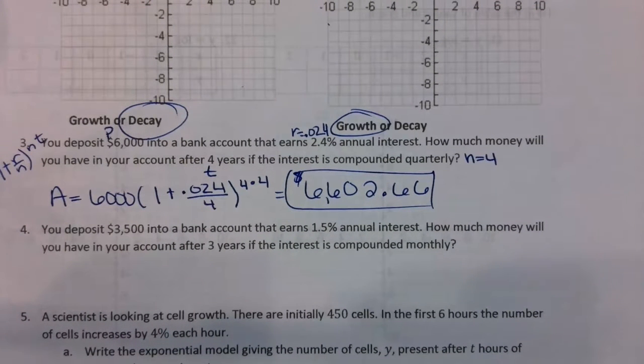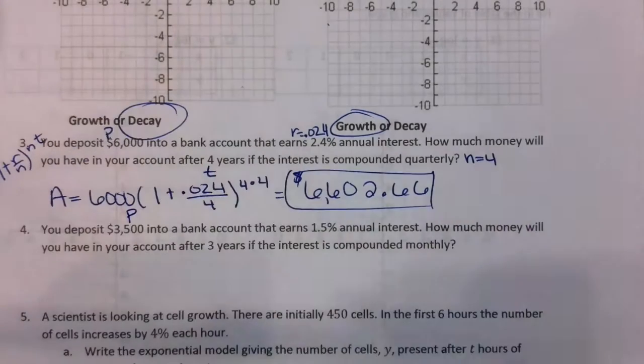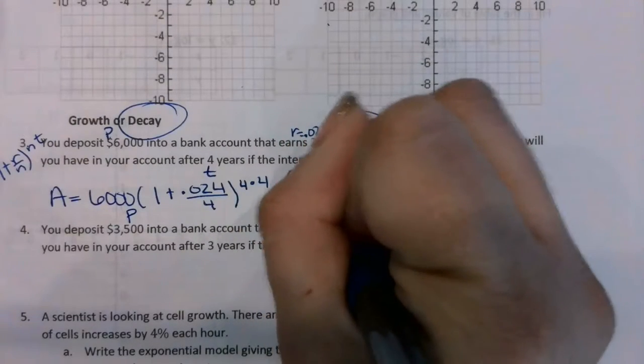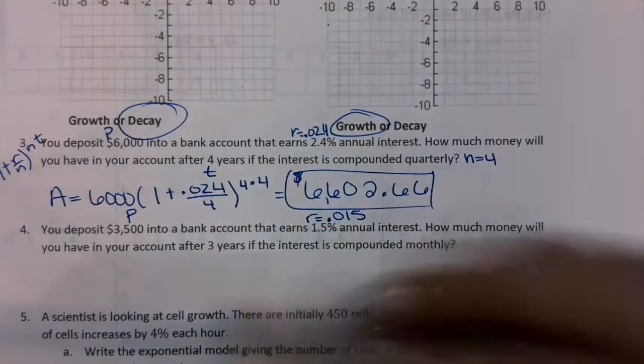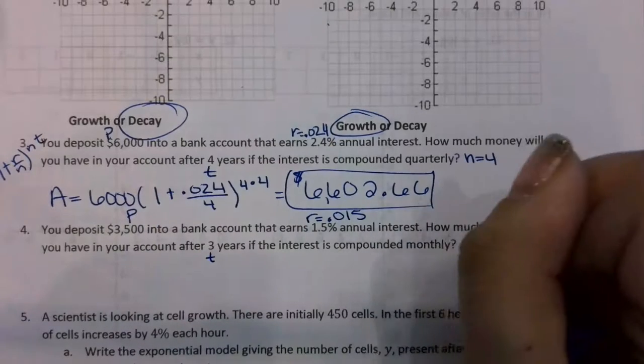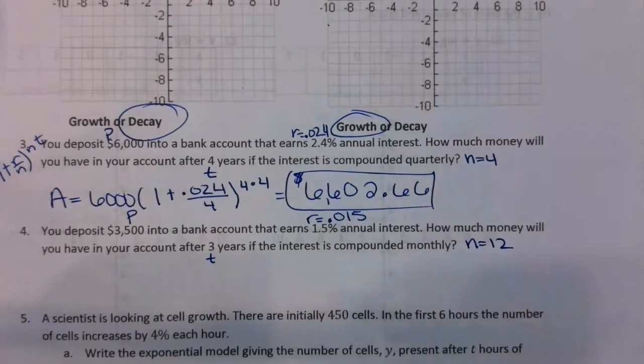Okay, number 4 works the same way. I want to put in 3,500. I want my interest rate as 0.015. I am putting it in there for 3 years, and this time it's monthly, so there are 12 months in a year.